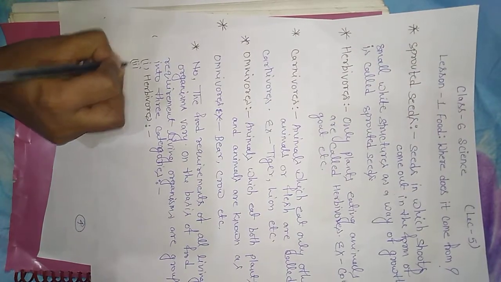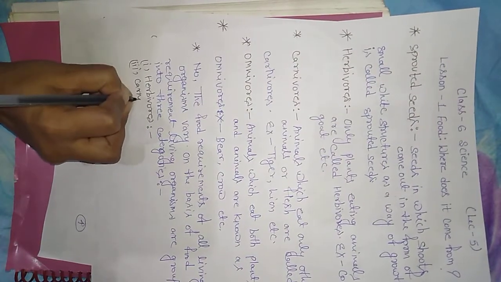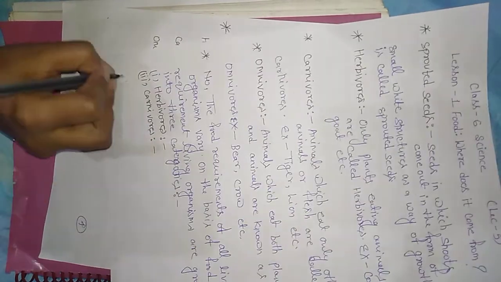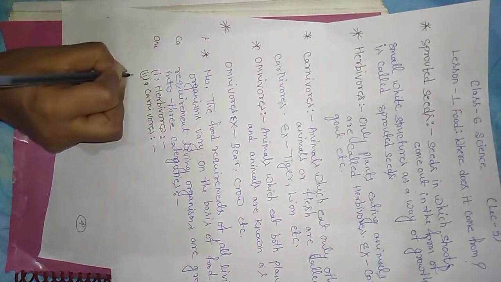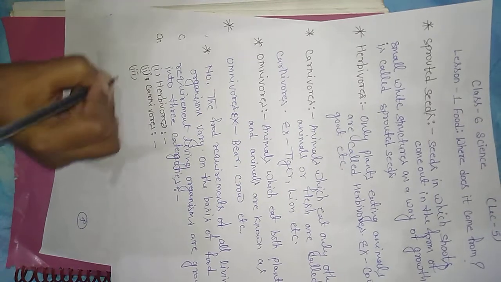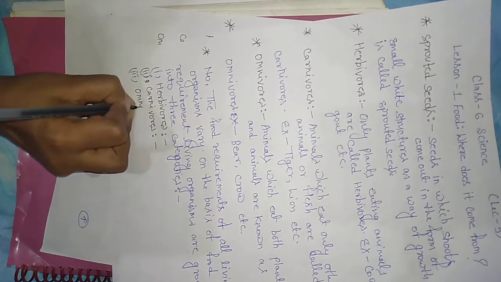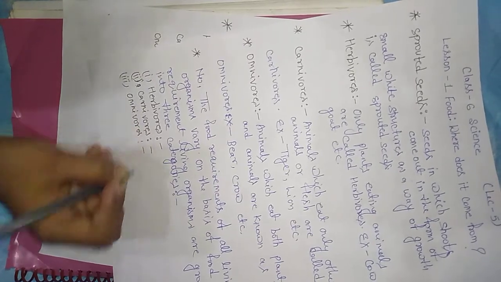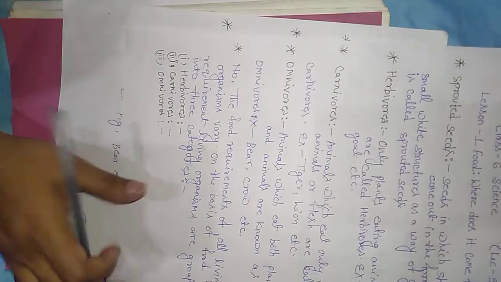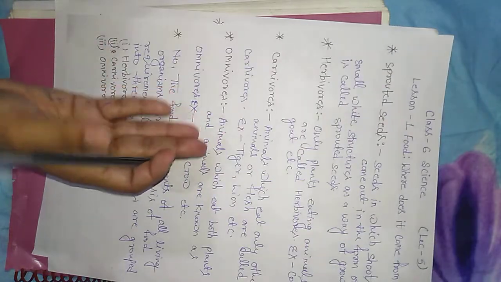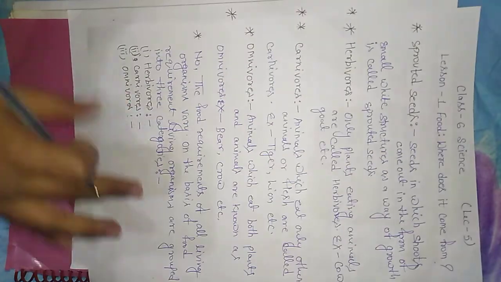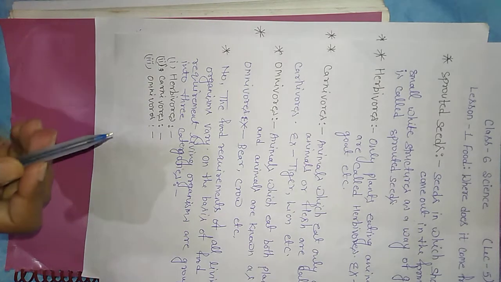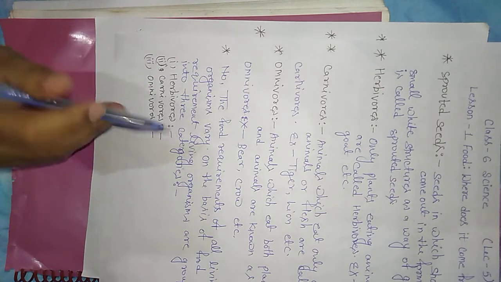Next one is the carnivore. And the third one is the omnivore. You can describe it here also, but I have described it earlier in the same video, so I am not writing it here again. Okay, I think these facts are very clear to you all.